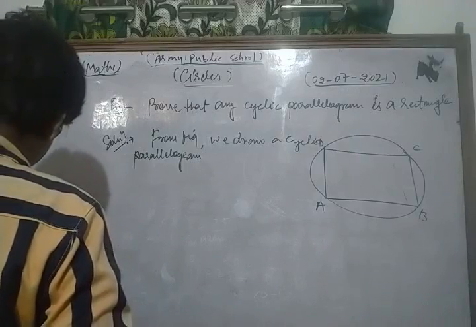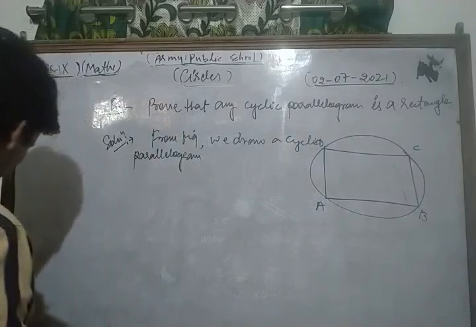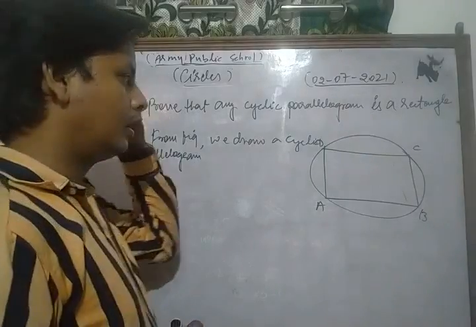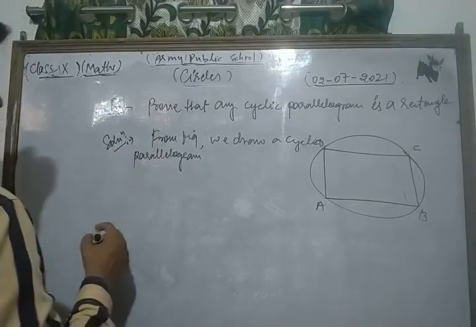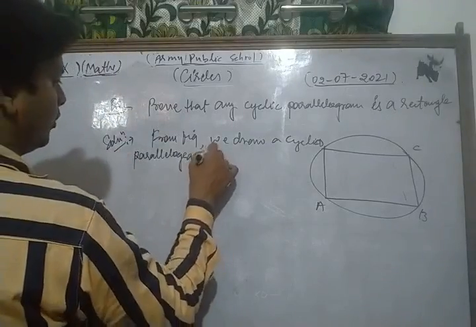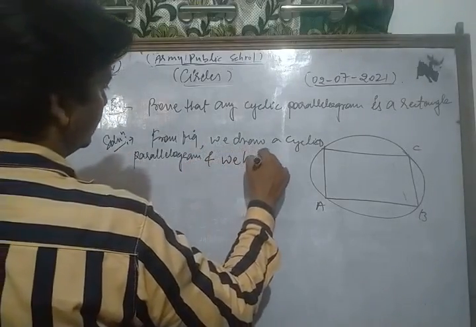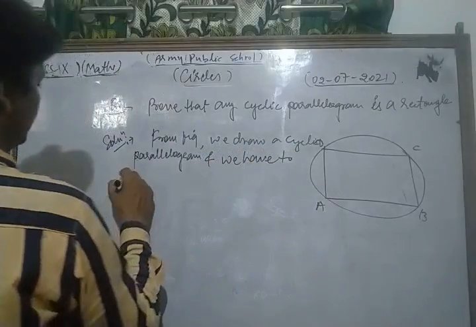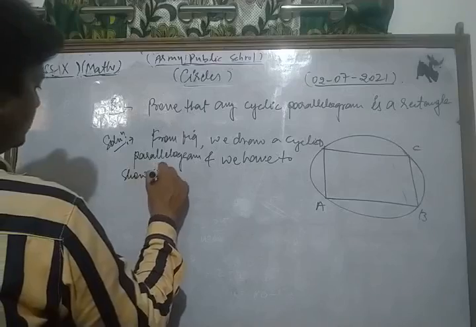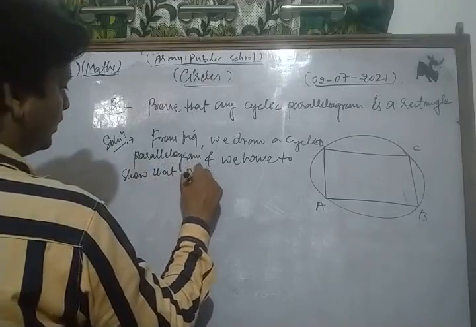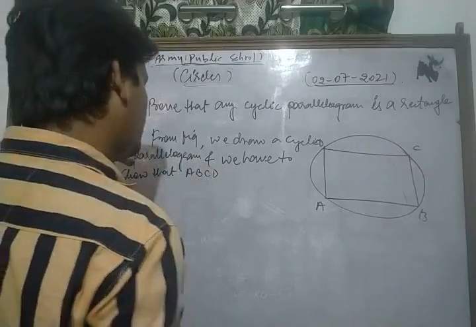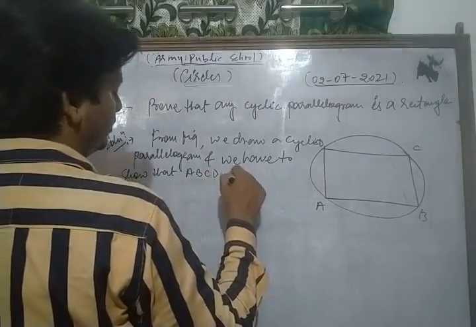Okay, this is the given, and we have to show that ABCD is a rectangle.